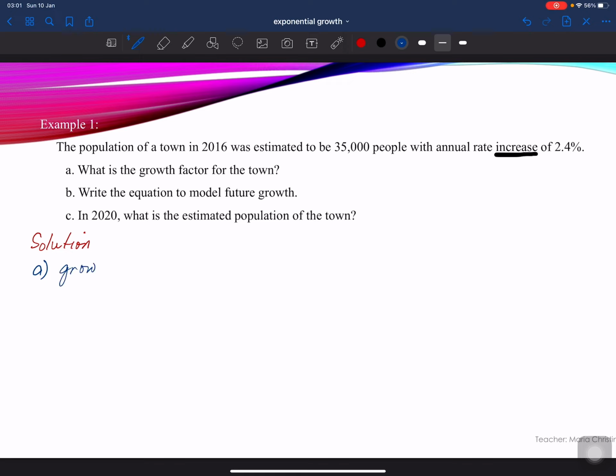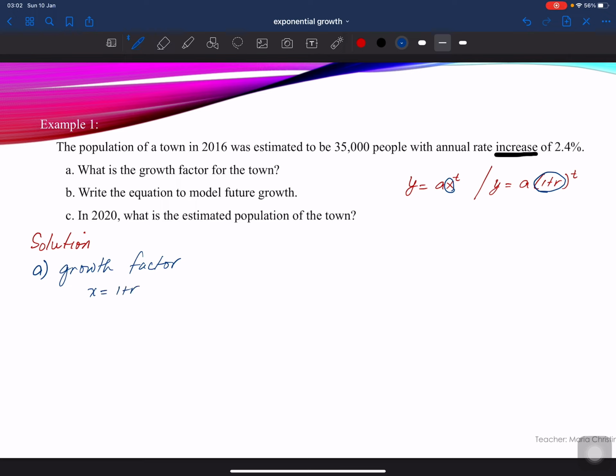So what is our growth factor? If you go back to our equation, y is equal to ax to the t, or you have y is equal to a times 1 plus r to the t, then x or 1 plus r is our growth factor. So we can say that x is equal to 1 plus r.